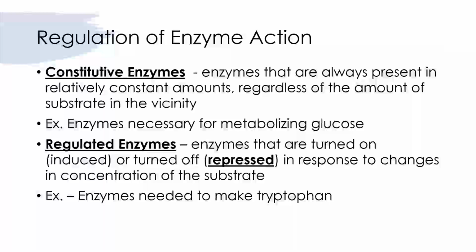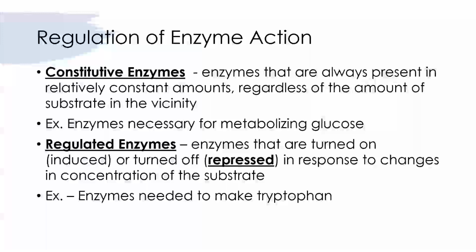They're going to be the same no matter what's going on in the environment, regardless of the amount of substrate. If there's none or a bunch, either way, it's about the same. One example is the enzymes necessary for metabolizing glucose. Those are going to be pretty stagnant, there all the time, because you don't know when glucose is going to show up. You've got to be ready at a moment's notice.